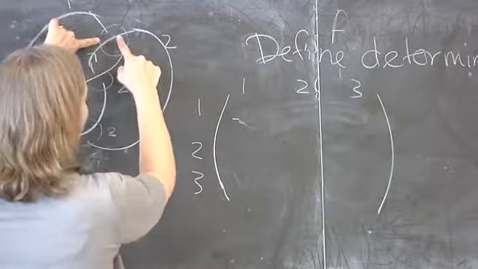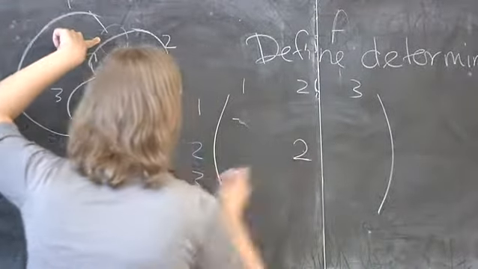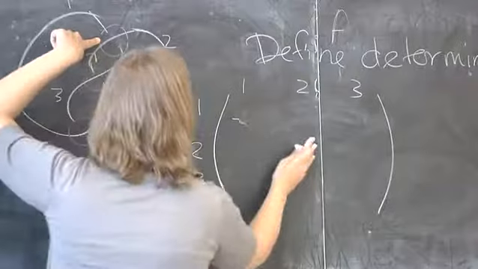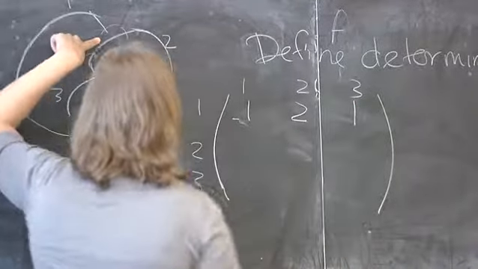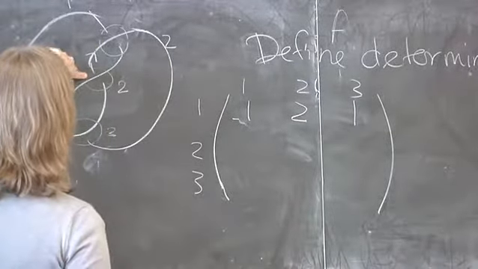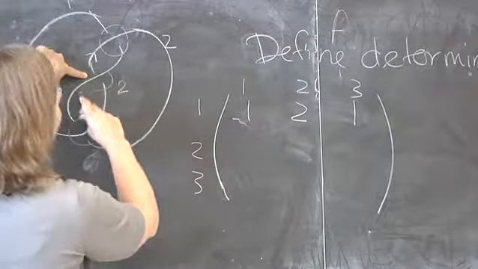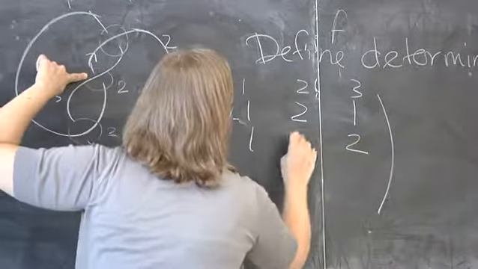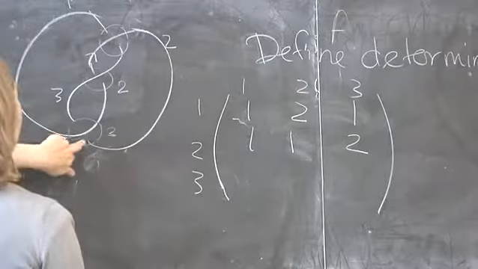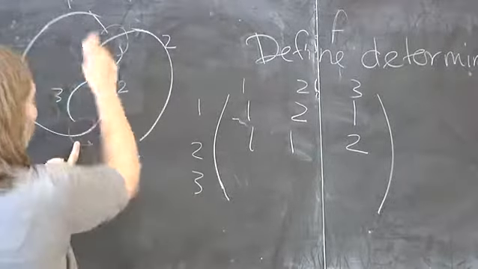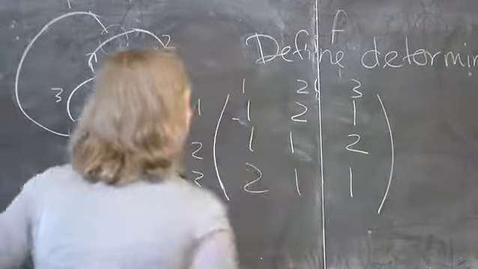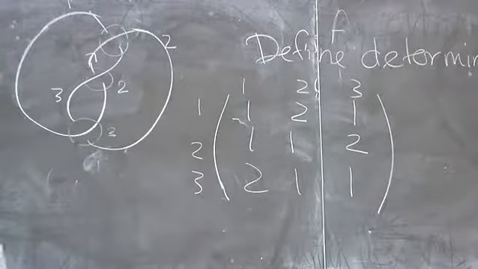So strand 2 is over in crossing 1, and the other 2 are under. Then in crossing 2, strand 3 is over, and the other 2 are under. And then in crossing 3, strand 1 is over, and the other 2 are under. Now, if you took the determinant of this matrix, you would get 0.